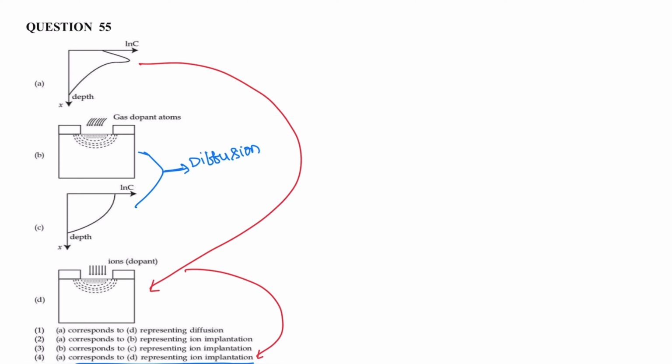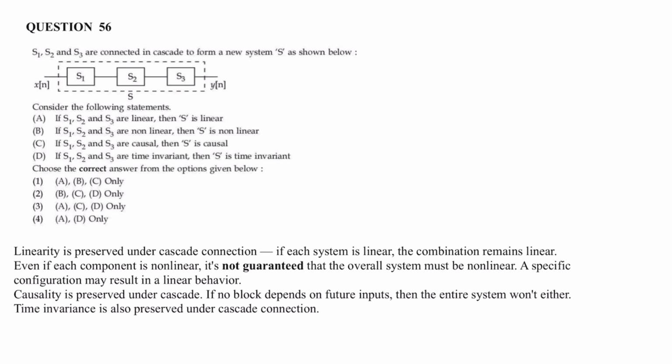Next question. S1, S2, S3 are connected in cascade. Three different systems are connected in cascade to form a new system S, as shown in the figure. Consider the statements. Statement A: if S1, S2, S3 are linear, then S is linear.